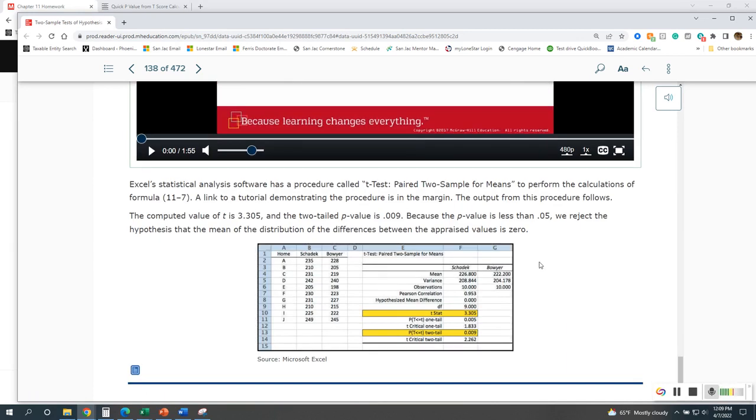Yeah, they're going through all the statistics. I mean, not that this is a statistics course, but it looks like they're going through a software.